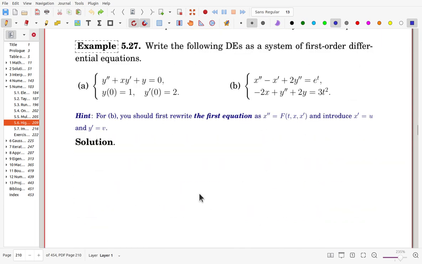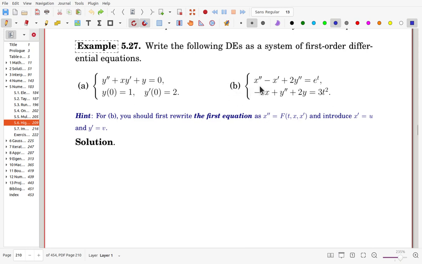Okay, here, write the following differential equations as a system of first order differential equations. Okay, we'll consider this b.